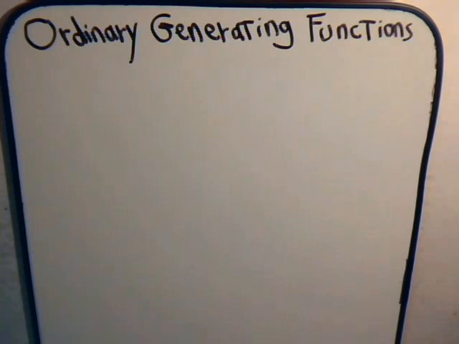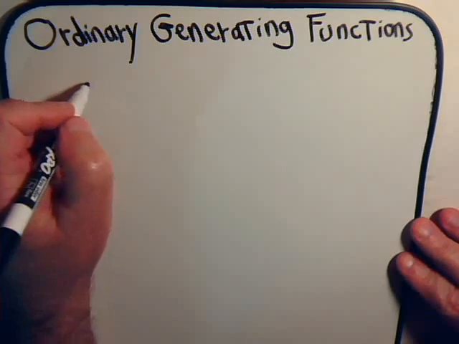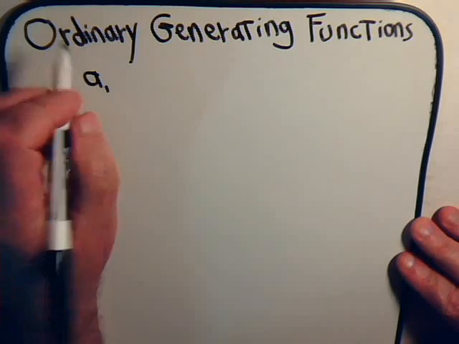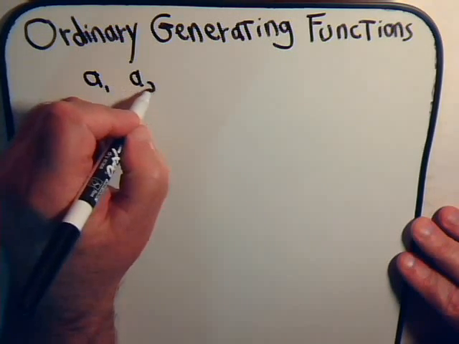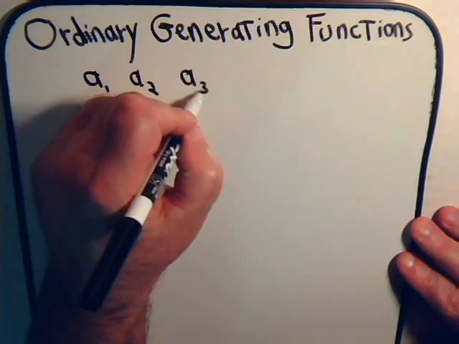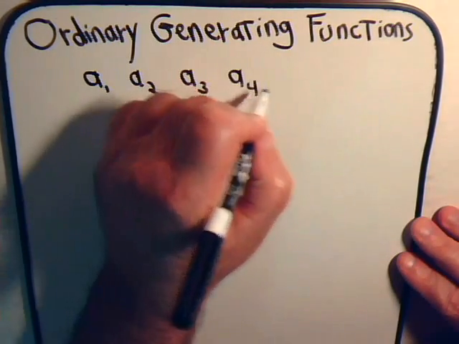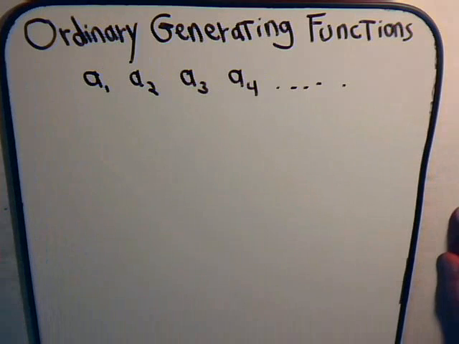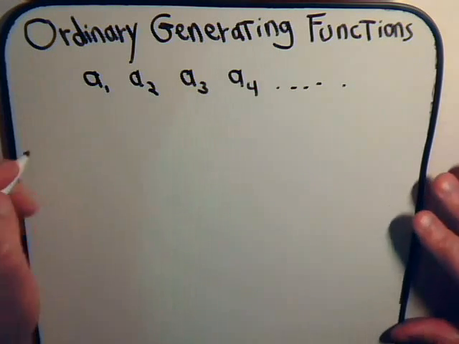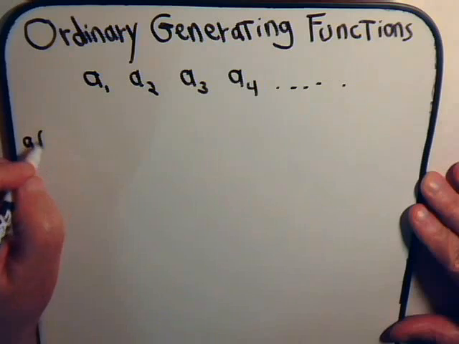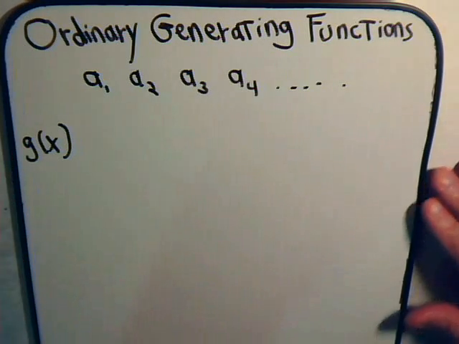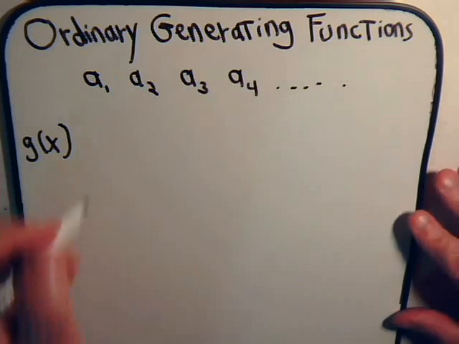And just to introduce them, suppose that we just had a sequence. It could be a sequence of numbers, and so forth. A generating function that we could make with this sequence of numbers can be something very simple. Instead of f of x, we'll call it g of x for a generating function.